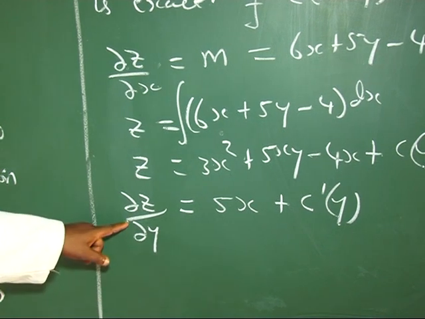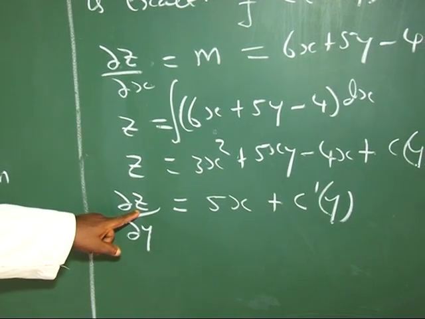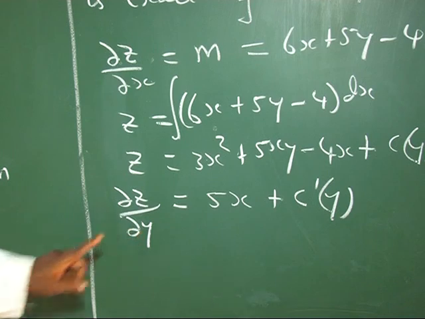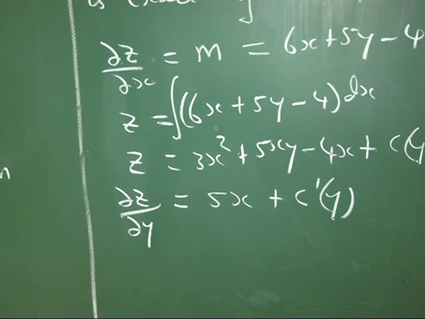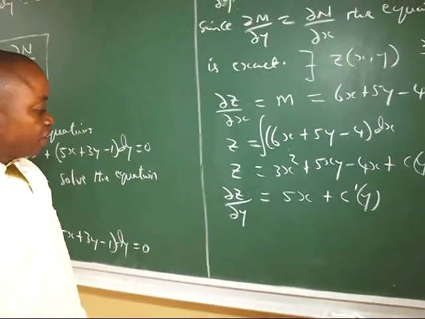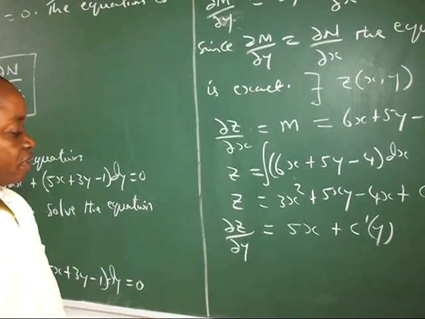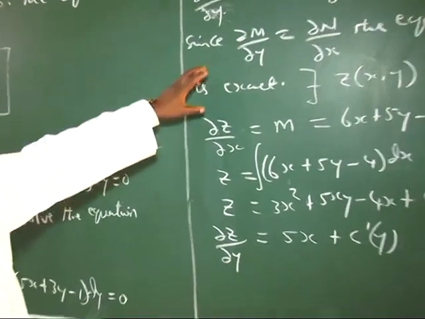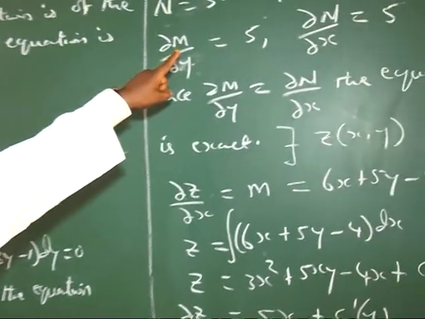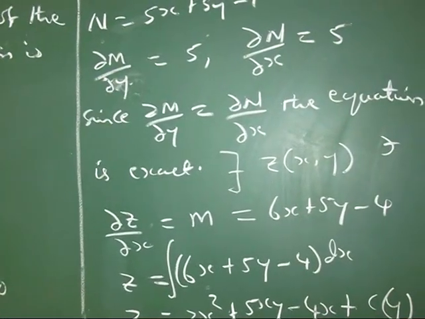But partial z partial y is equal to N. And here we have that N is 5x plus 3y minus 1.